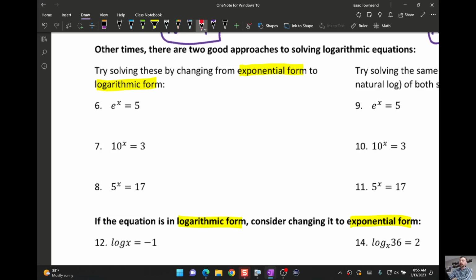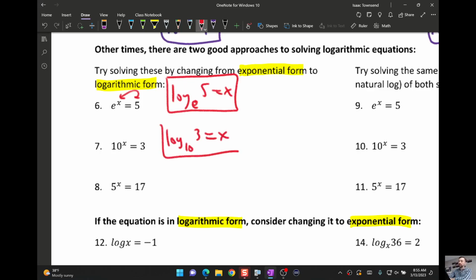So if something's in exponential form, consider switching it to logarithmic form. Remember, all that means is you put log out front, and then you have to know which two things to switch. And then if you know what x equals, then it's solved. So that's all you had to do. Exponential form, switch to logarithmic form.